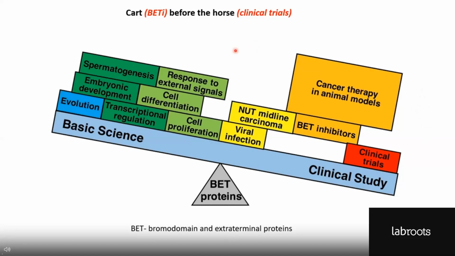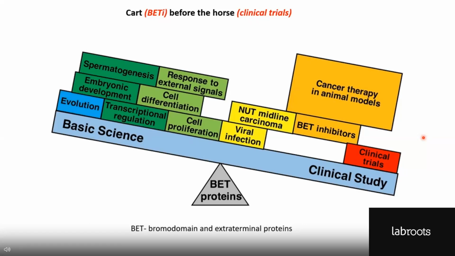So the reason I say cart before the horse is because sometimes some of these BET inhibitors that have been introduced have shown some effects, but mechanistically it has not been completely addressed because BET inhibitors cause various types of inhibition, from standard transcription to non-transcriptional modes as well.